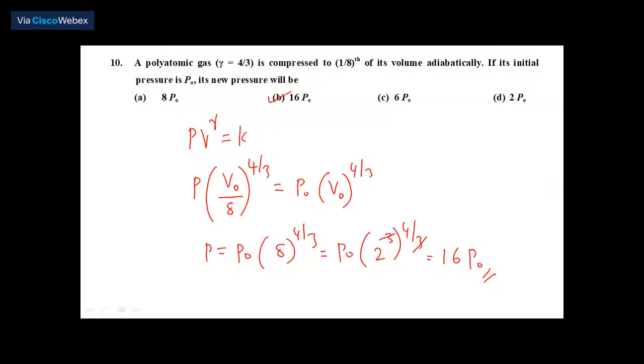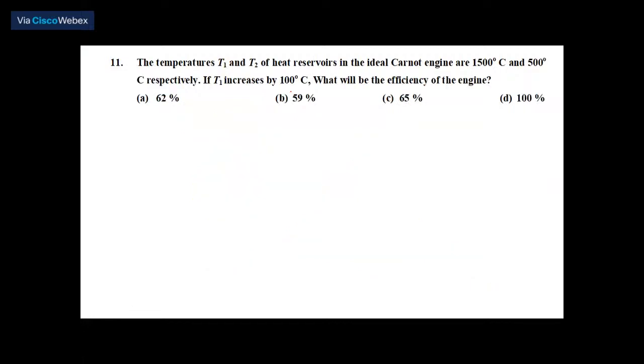We'll move to the next one. The temperatures T1 and T2 of the heat reservoirs in an ideal Carnot engine are 1500 degrees Celsius and 500 degrees Celsius respectively. The temperatures of the source and the sink are given. If T1 increases by 100 degrees Celsius, what will be the efficiency of the engine?